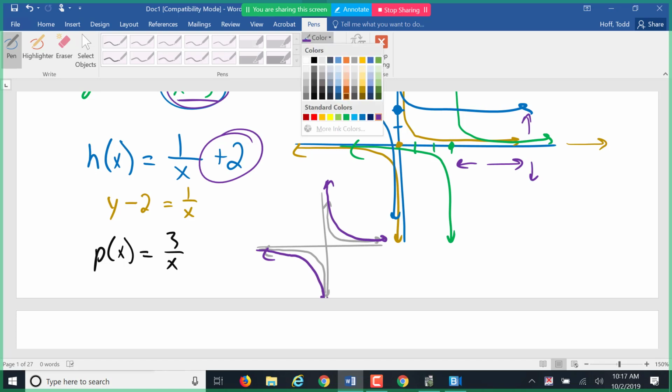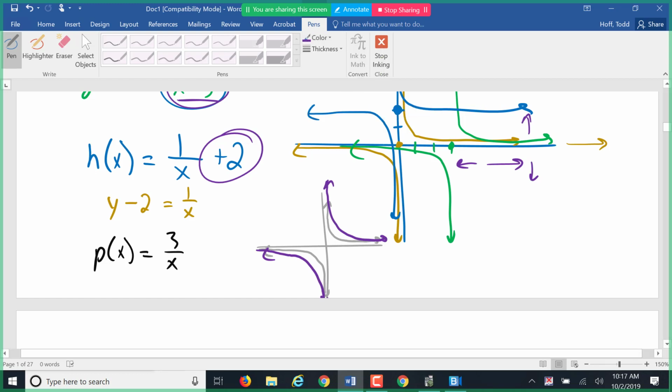We could also multiply the x. If I did q of x, oops, I'm running out of room here. I'll write it over here. Q of x equals 1 over 5x. That actually shrinks our graph.